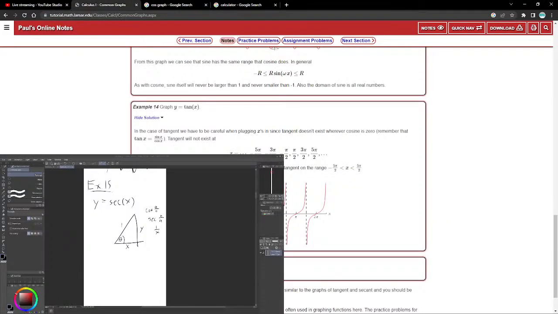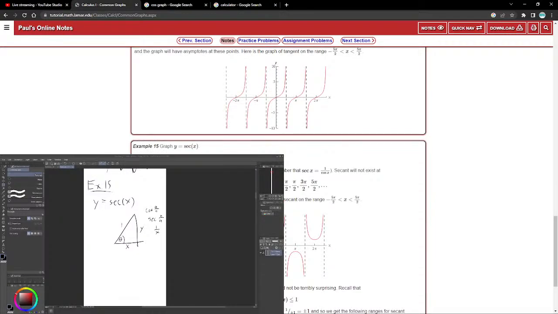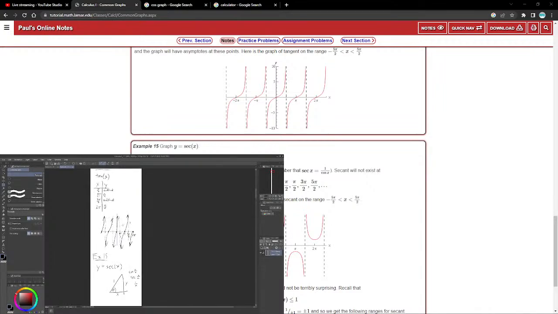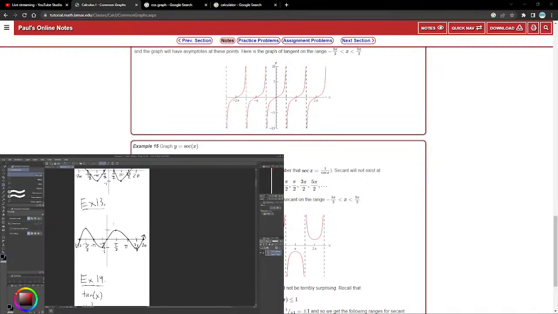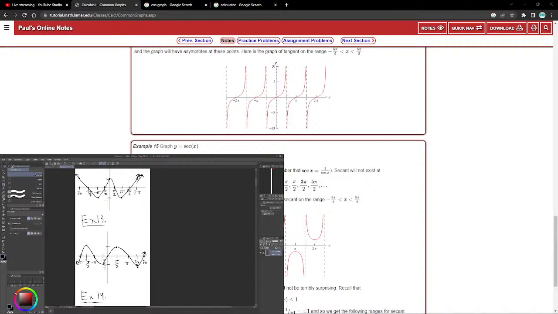Alright, let's see the example, honestly. So, as with tangent, we have to avoid x's for which cosine is 0. Secant x equals 1 over cos x. Okay. So, which one's the cos? This is the cos one.